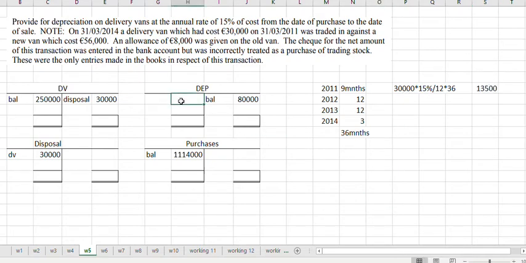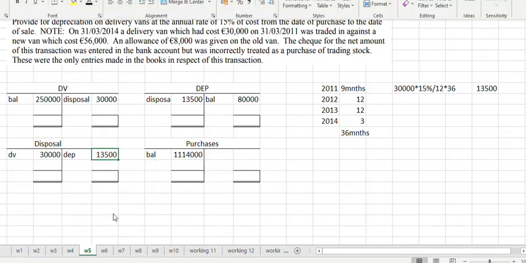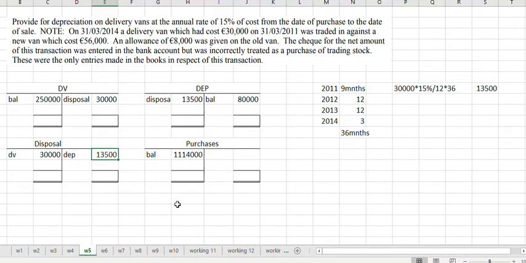So debit depreciation, 13,500. That's called disposal. If we debit depreciation, we credit the disposal account 13,500. Okay, that's it.